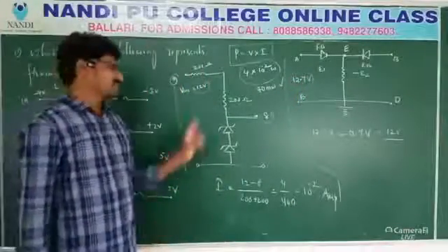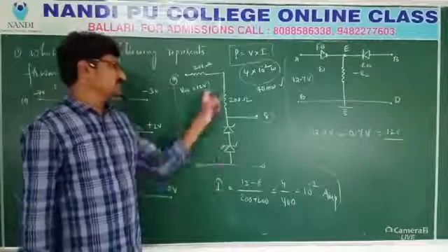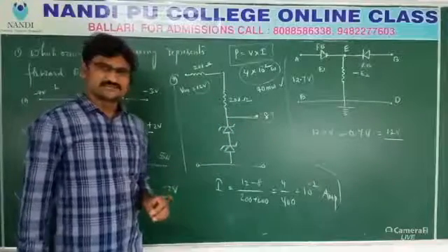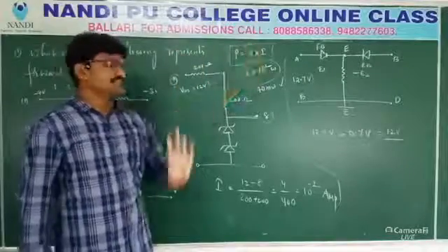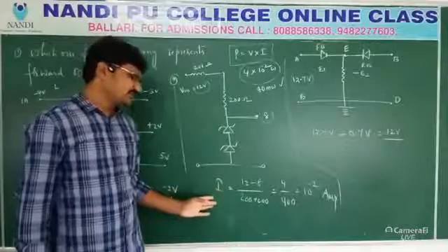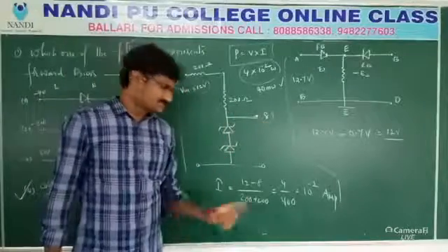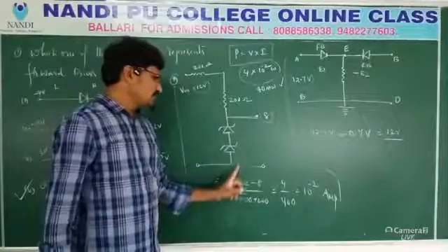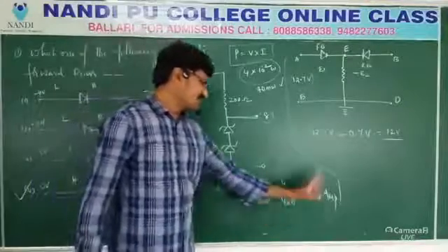So what I did here: the circuit may be a little confusing, but the thing is, there are 2 resistors and 2 potentials. Input is 12 volts, output is 8 volts. Power P is equal to V into I, so I have to find the I value. I is equal to V by R. The difference in potential is 12 minus 8, which is 4. The total resistance is 200 plus 200, the two being in series, so 4 by 400 is 10 power minus 2.